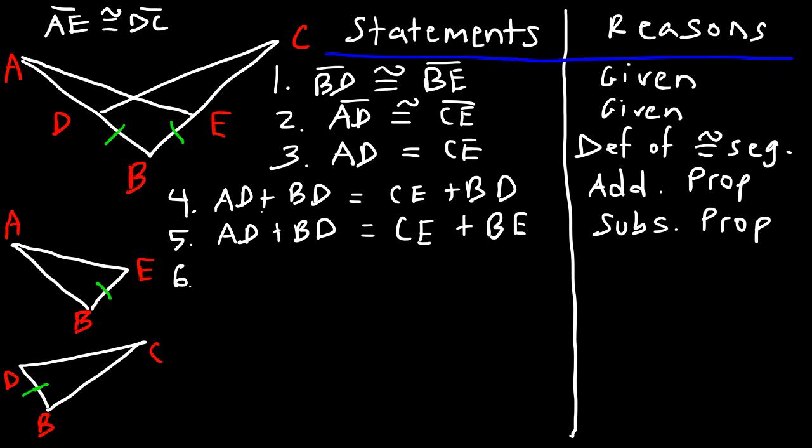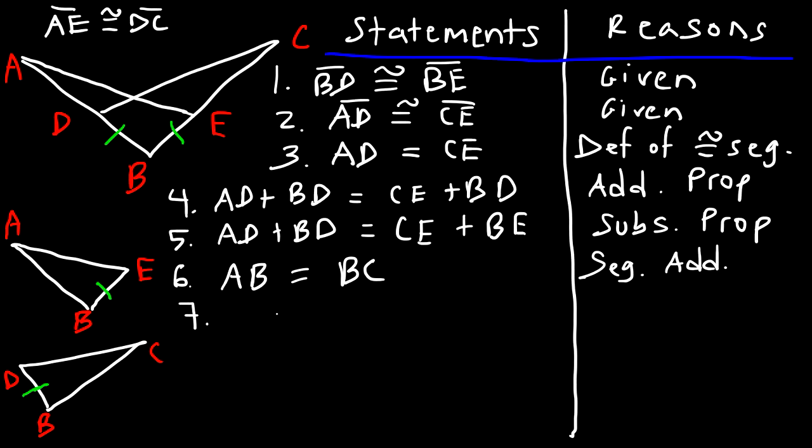Now in step 6, we can add AD and BD. So this is AD and this is BD combined. That is equal to segment AB. So AD plus BD is AB, and CE plus BE is basically BC. So AB is equal to BC based on segment addition.